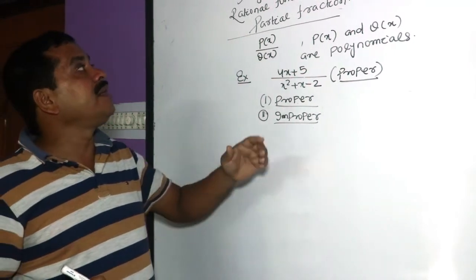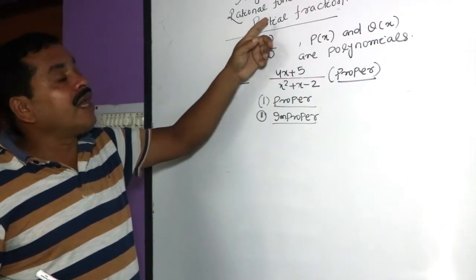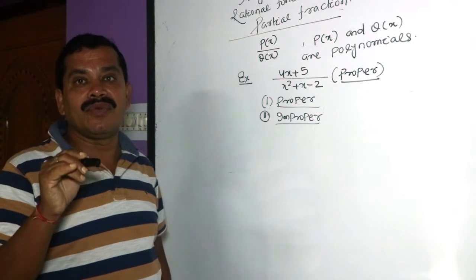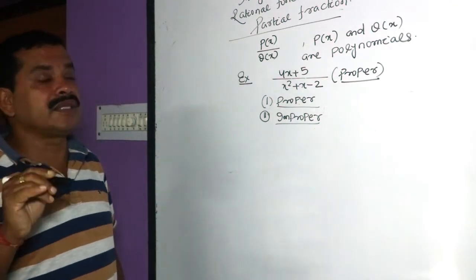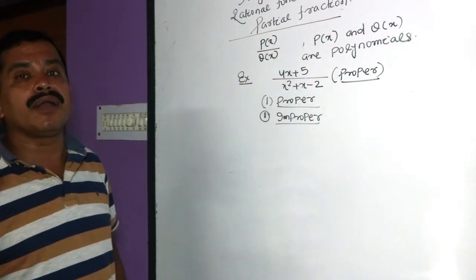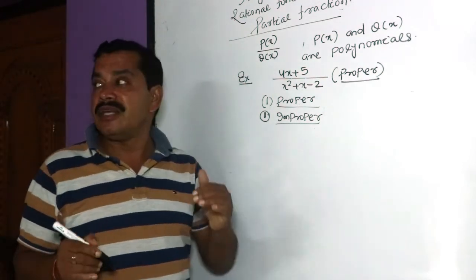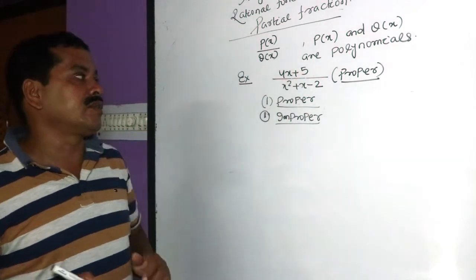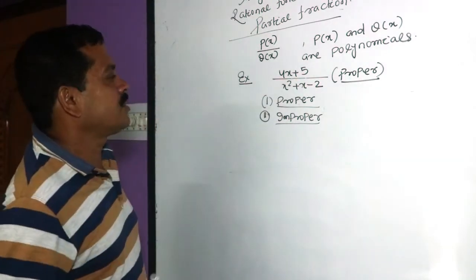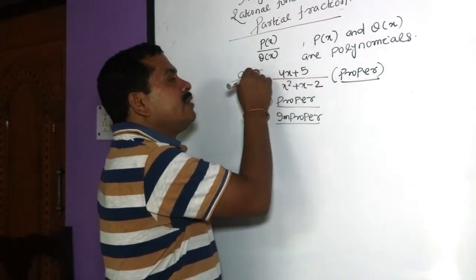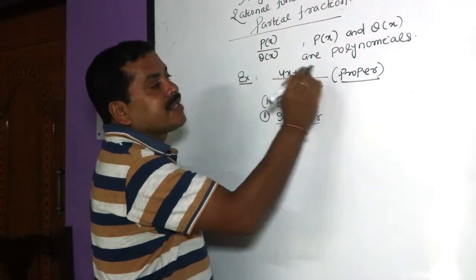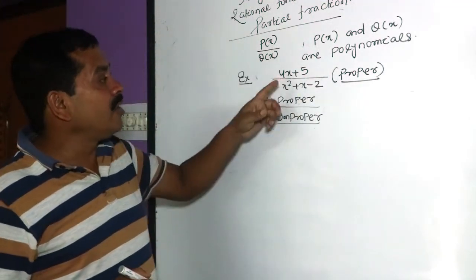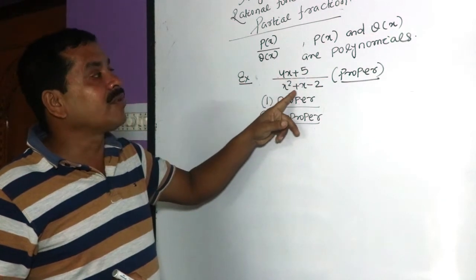When we apply the method of partial fractions, first we have to look at whether the rational function is proper or improper. If it is improper, then we have to convert it to a proper rational function. Now this example is a proper rational function because the degree of p(x) is less than the degree of q(x).